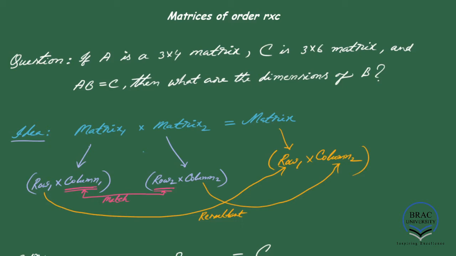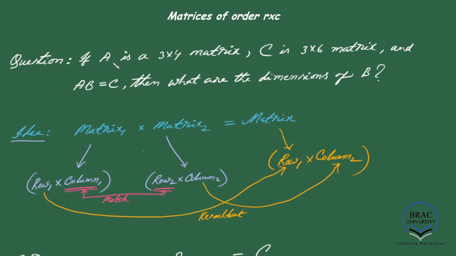So the first problem we're going to see is essentially about the dimensions, to understand the dimensions or orders of matrices a little bit better in a situation where they're not square matrices. In this problem, they said if A is a 3 by 4 matrix, which is clearly not a square matrix, and C is a 3 by 6 matrix, and A times B, so matrix A multiplied with matrix B, produces matrix C, then what are the dimensions of the matrix B?